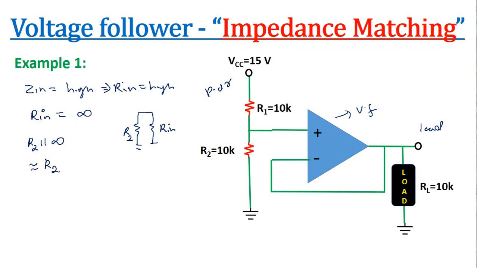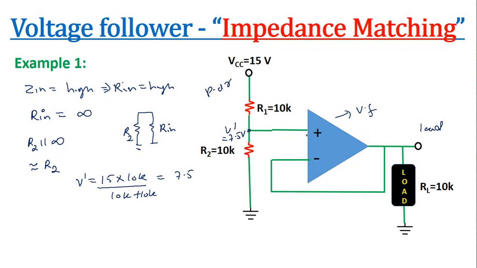Now when we find out V dash here, what will be V dash? V dash will be equal to 15 into 10k divided by 10k plus 10k, which is equal to 7.5 volt. So here V dash will be equal to 7.5 volt only.